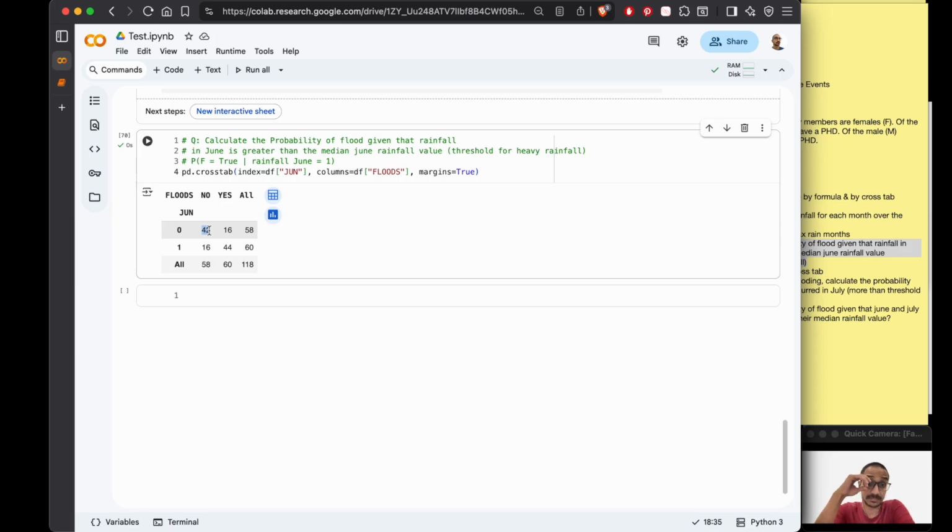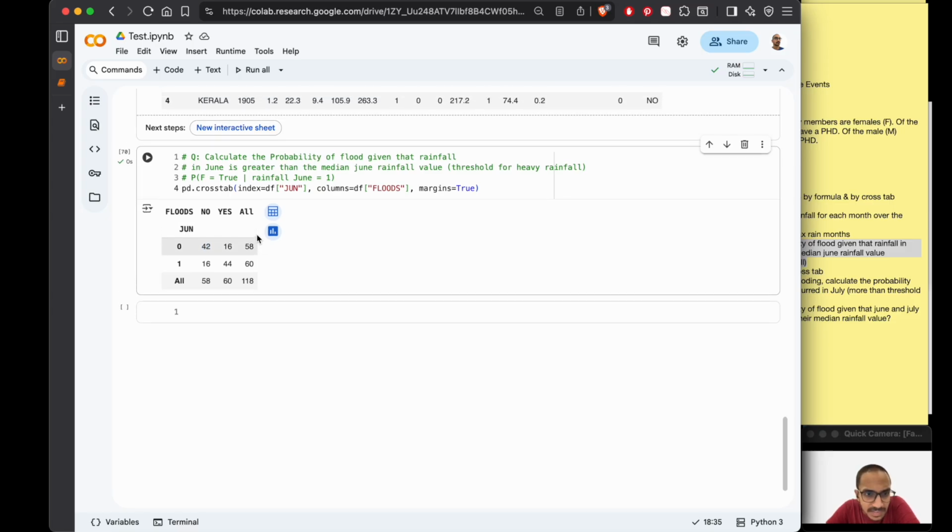So this is the intersection. So now the question is asking, floods are true, so floods yes, and rainfall June 1, which is 44.